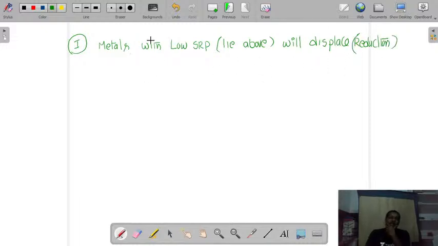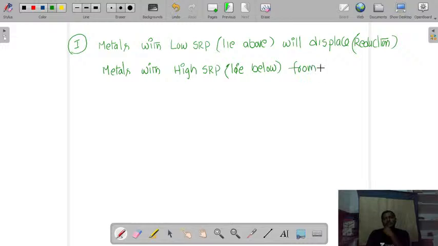Now, metals with low SRP will displace metals with high SRP, which means they lie below the series, from their compounds or from their aqueous salt solutions.